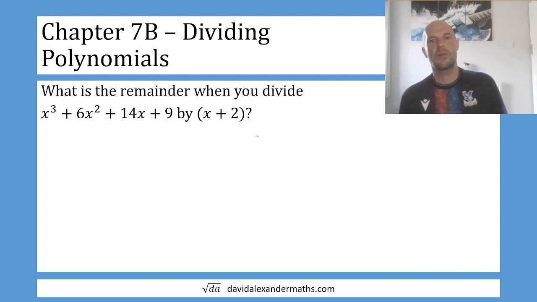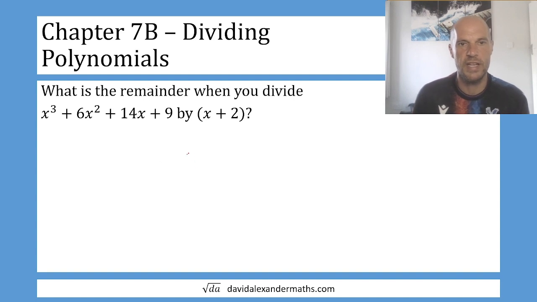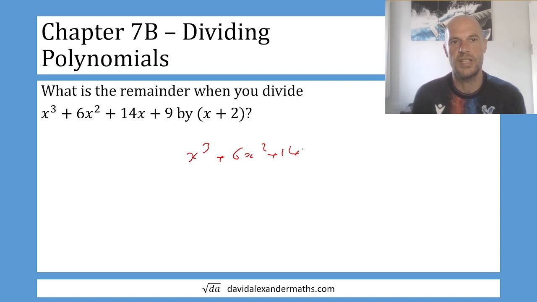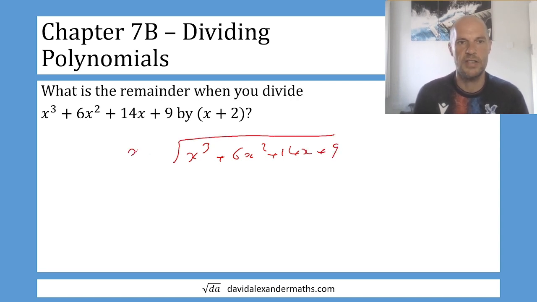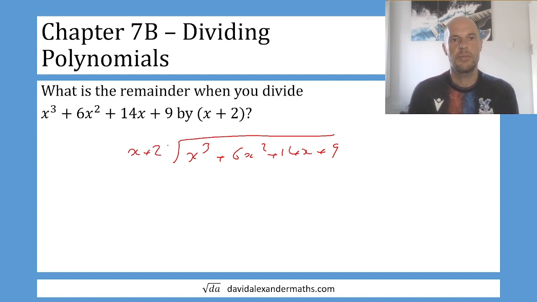Okay, so this is the first time we are going to see a remainder. We are dividing x cubed plus 6x squared plus 14x plus 9 by x plus 2. x cubed divided by x is x squared. x squared times x is x cubed, x squared times 2 is 2x squared.